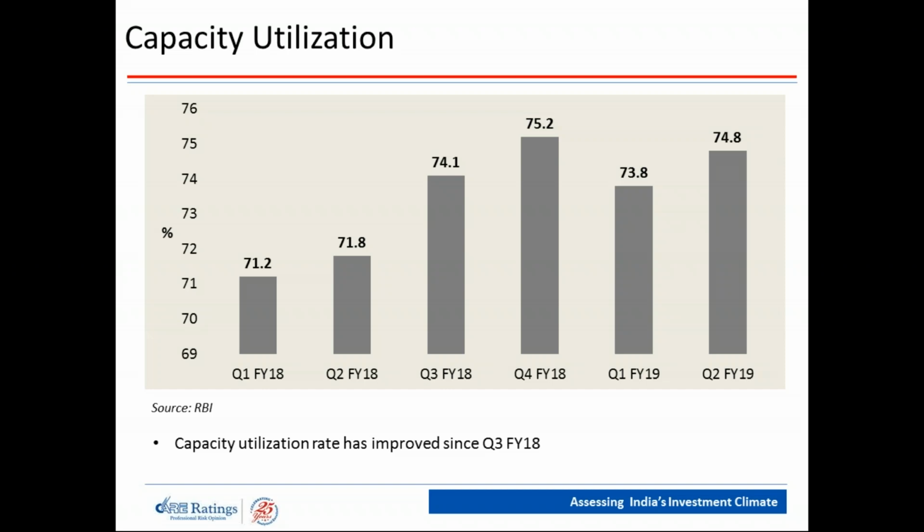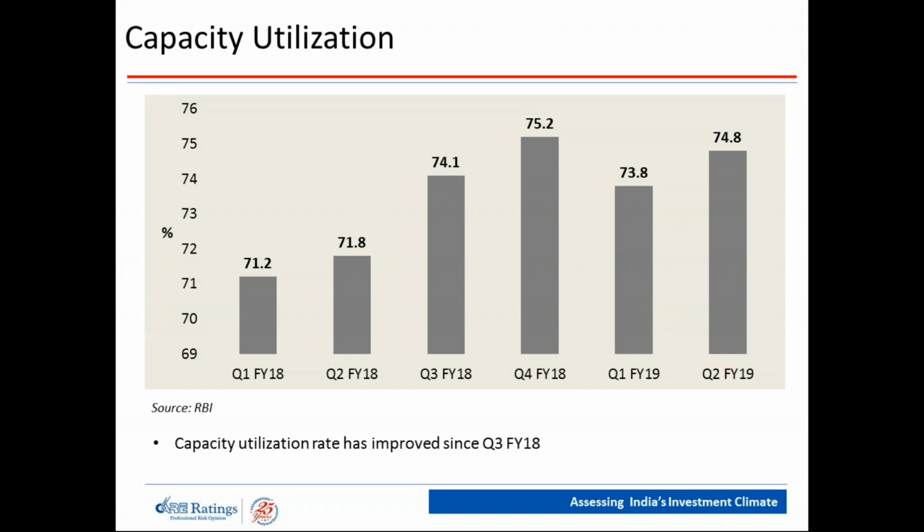The order book, inventories, and capacity utilization survey by the RBI shows that the average capacity utilization rate for the first half of FY19 at 74.3% is a continuation of the improvement seen in the second half of FY18 when the capacity utilization rate rose to 74.6% from 71.5% in the first half of that fiscal.